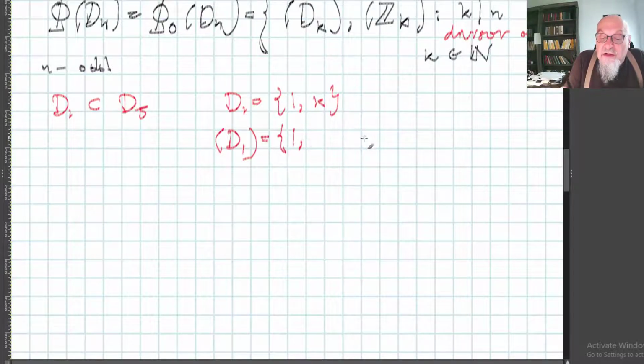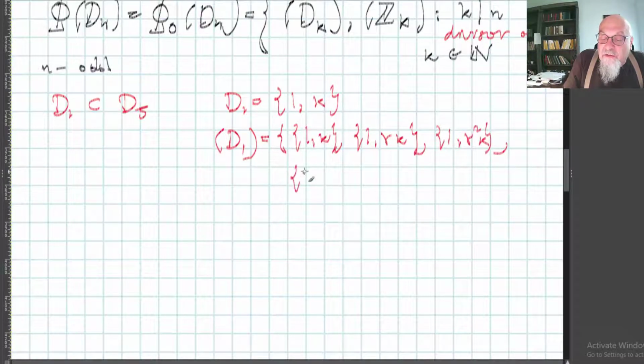So you will find out that this class is equal to the following groups. Maybe write it down. The first group is 1, kappa. The second group is 1, gamma kappa. Then you can see 1, gamma squared kappa. Then you have 1, gamma cubed kappa.